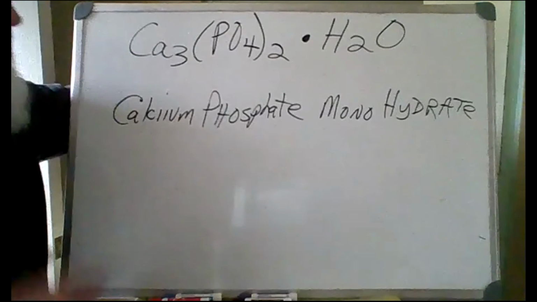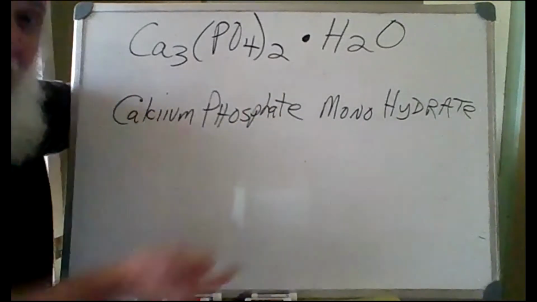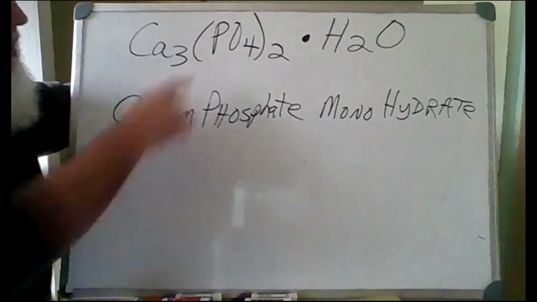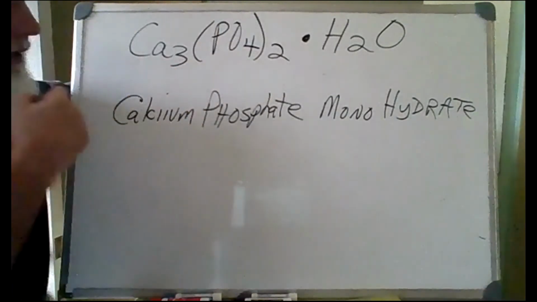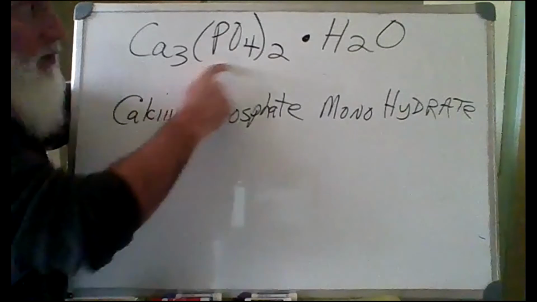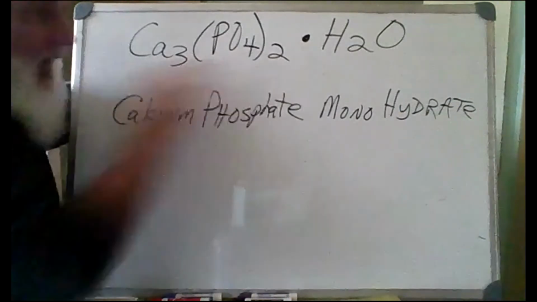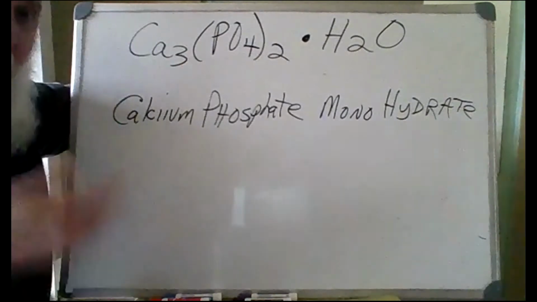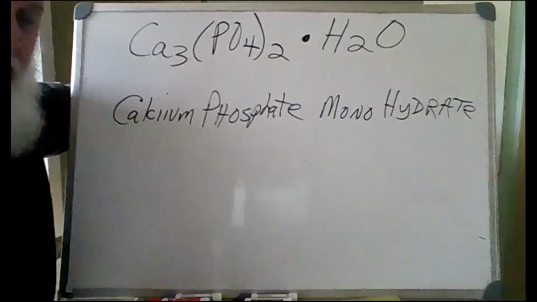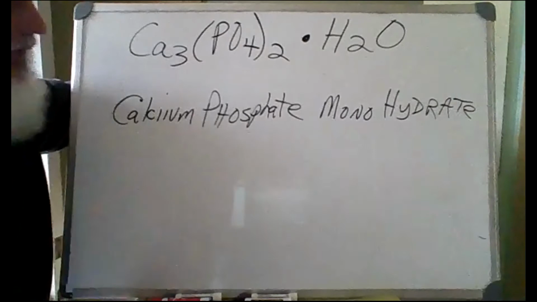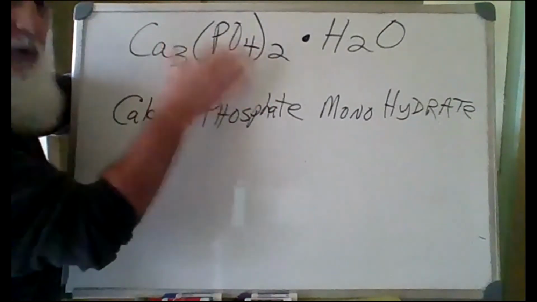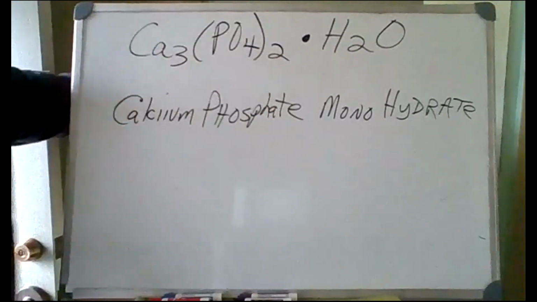So a polyatomic anion would be a negatively charged atom or group of atoms. The polyatomics are the group of atoms.